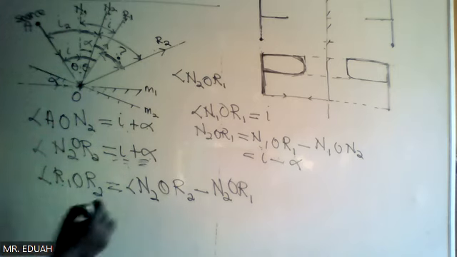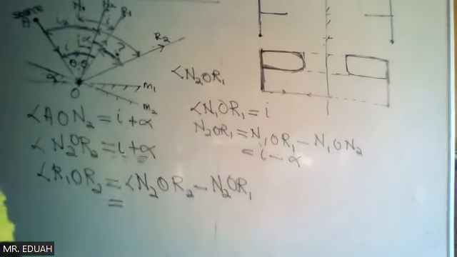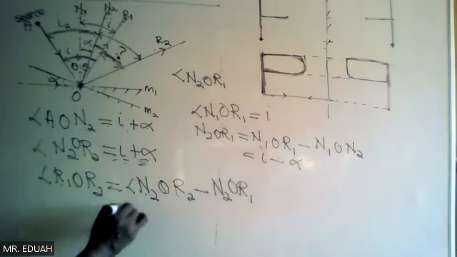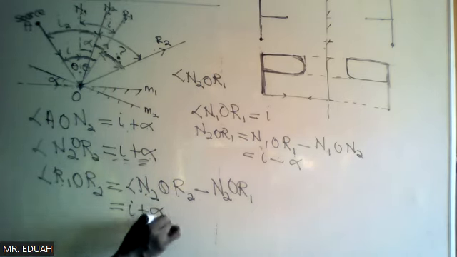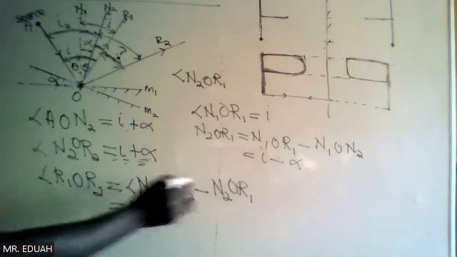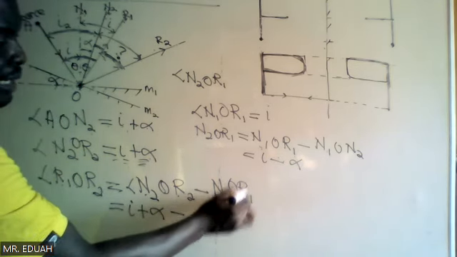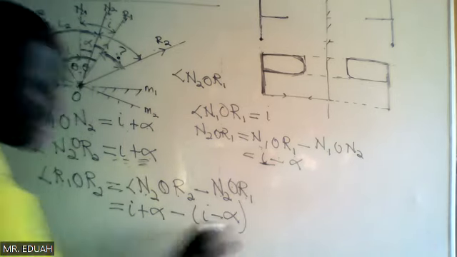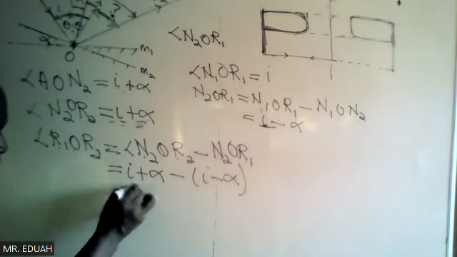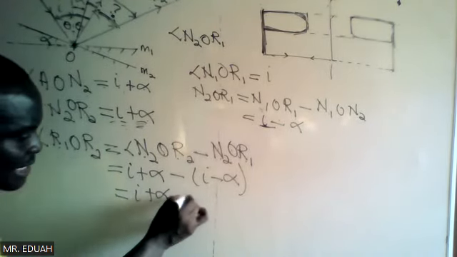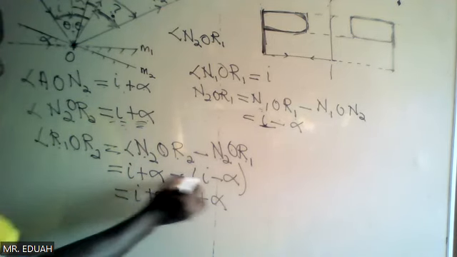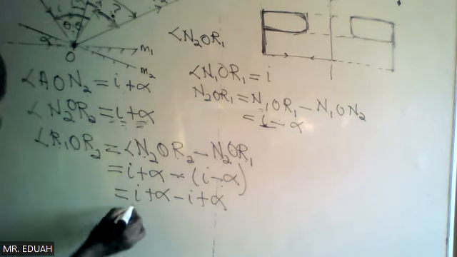So when we substitute, angle N2OR2, which is I plus alpha, minus angle N2OR1, which is I minus alpha. Let's expand: I plus alpha minus I, then plus alpha.